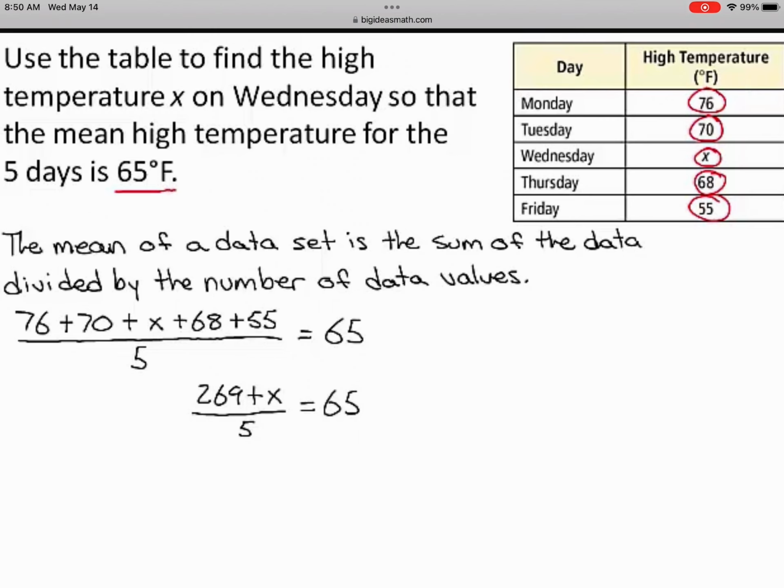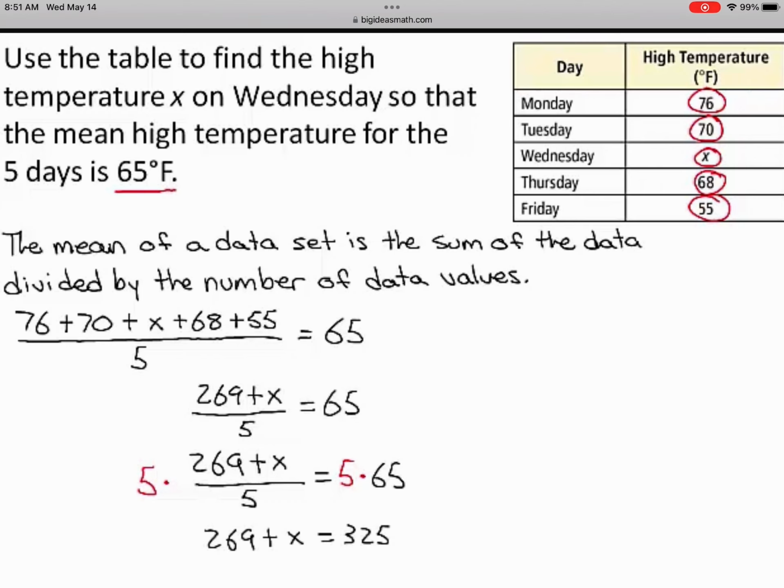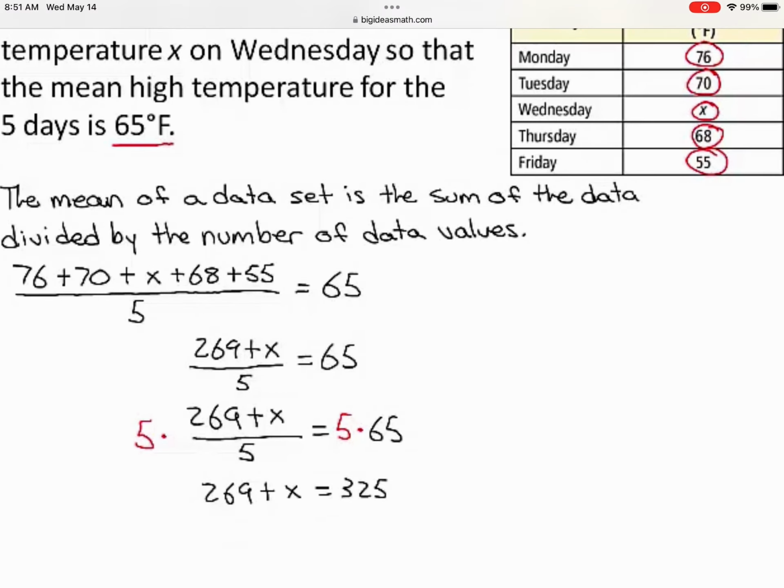Next, multiply each side of the equation by 5 to get 5 times the quantity 269 plus X divided by 5 equals 5 times 65, which simplifies to 269 plus X equals 325. Then subtract 269 from each side of the equation to get X equals 56. So the high temperature on Wednesday needs to be 56 degrees Fahrenheit.